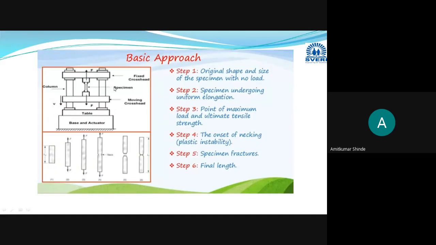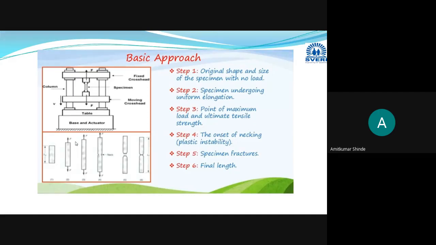These are the supporting columns here, and with the help of the fixed and moving crosshead, we are going to apply the load. In the first stage, you have to prepare the specimen and fix it in this particular universal testing machine. Then in the second stage, we are going to gradually apply the load.